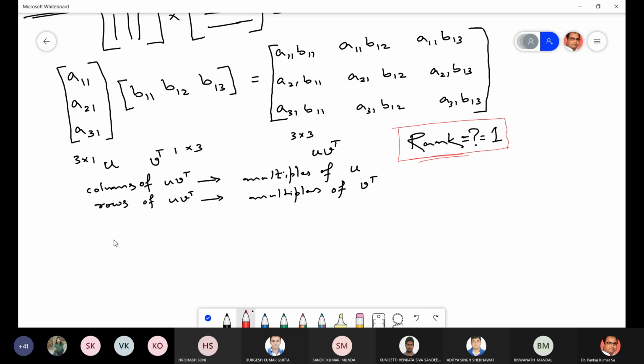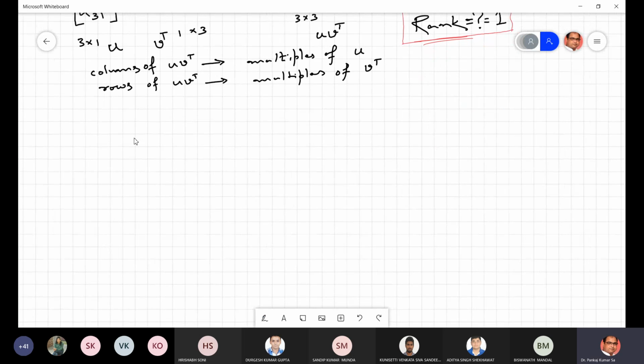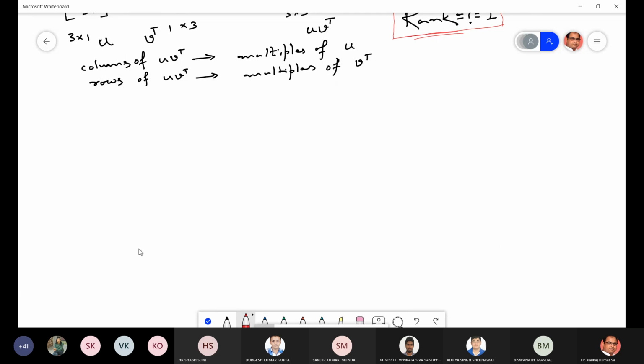Okay. So just for the sake of completeness, let us see this one. Let me write one small 2 cross 2 matrix, 1 2 0 1.